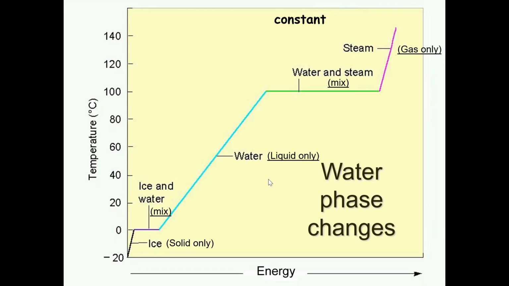When it gets to the melting point, it will stay at a constant temperature the entire time that it is undergoing melting. As long as there is a mixture of solid and liquid, like ice in water, it's going to stay at that 0 degrees Celsius.